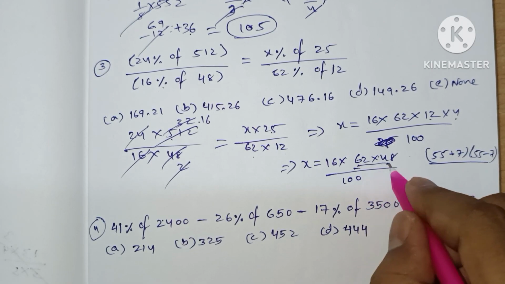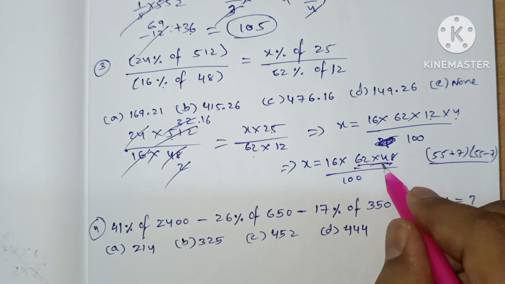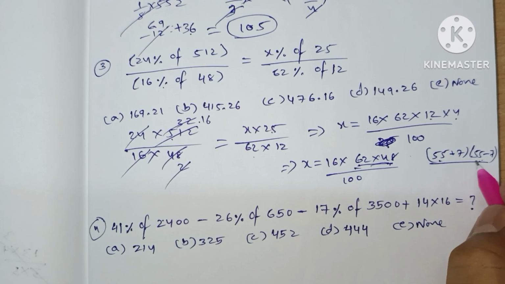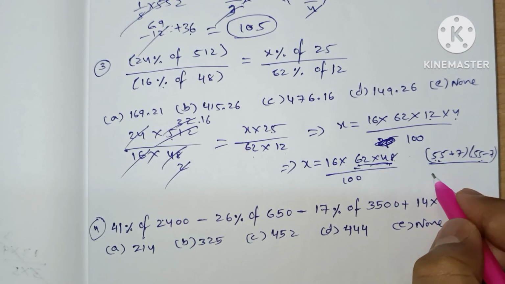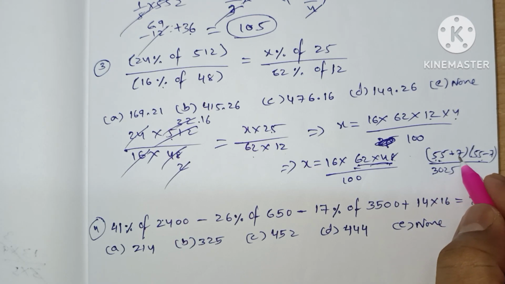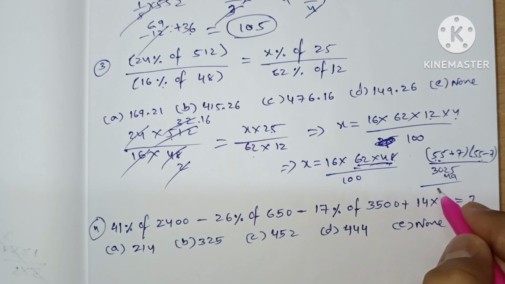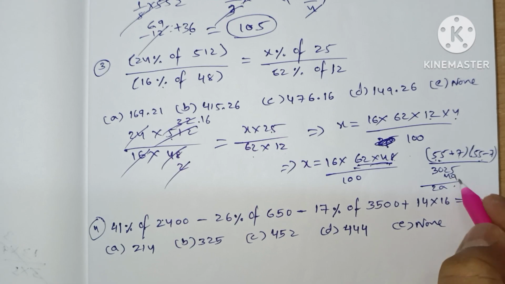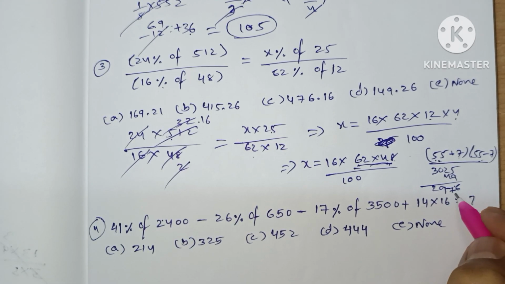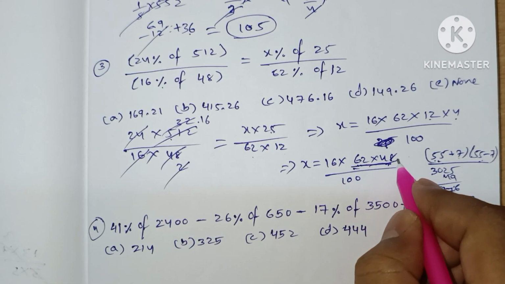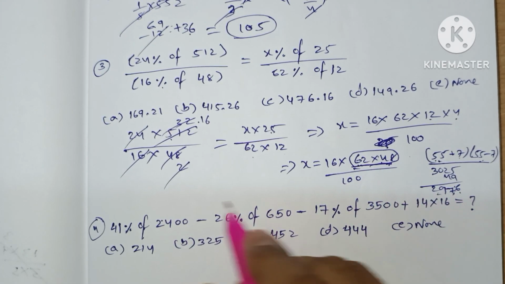This is nothing but a square minus b square. So we do 55 square, which is 3025, minus 7 square, minus 49, will be 2976. So the value of this one is 2976.